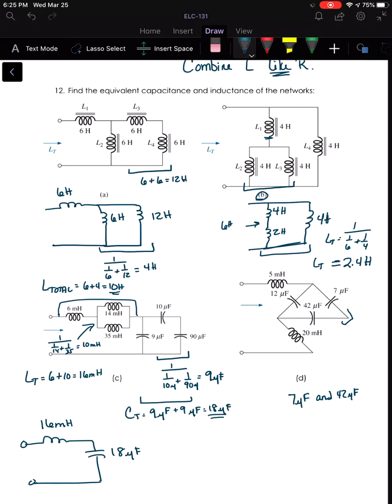If you had that right and I just confused you, I'm sorry. 7 microfarad and 42 microfarad in series mean that we combine them as if they were in parallel for resistors. So 1 over 7 plus 1 over 42 means that we have about 6 microfarads there. And then once we combine those, that'll be in parallel with my 12. So plus 12 microfarads.